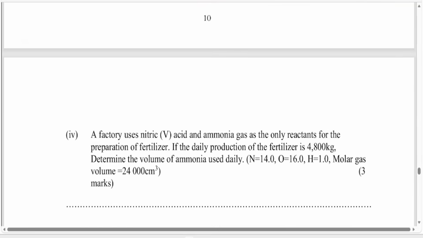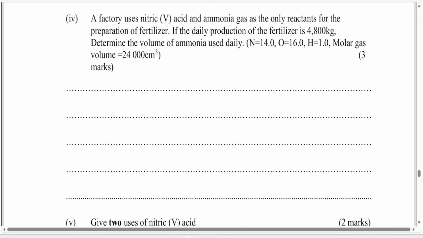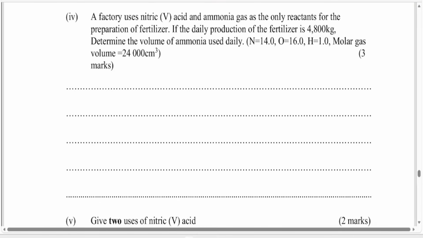Moving to the next question. A factory uses nitric 5 acid and ammonia gas as the only reactants for the preparation of fertilizer.